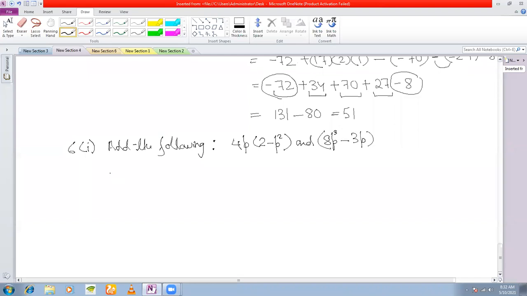How to add these two? You write sum is equal to, you add these two. You take this expression 4p into 2 minus p square, and you add this expression. Put a plus sign in between the two expressions that are given to you. Okay, and introduce brackets. Fine.